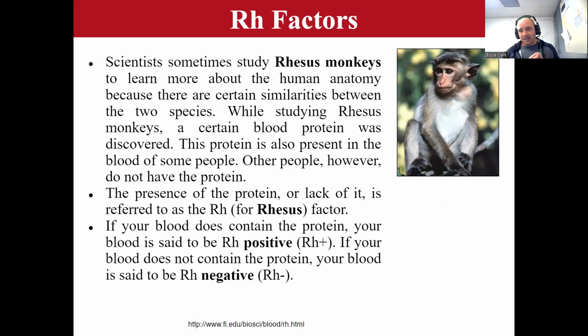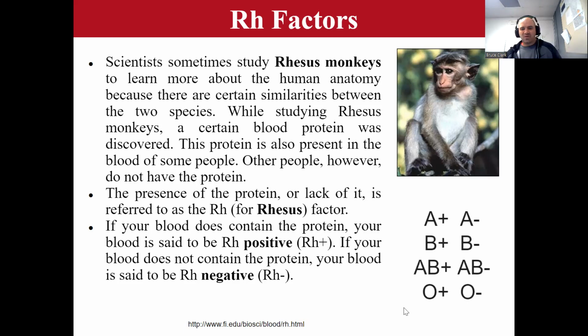That means I have the A proteins on the outside and I have this RH factor on the outside. We're not going to do any genetics with the RH factor. It's just further explaining what blood type you might have. That gives us 8 different blood types that humans could have, by having 3 alleles, A and B being codominant, and then factoring in the RH factor.